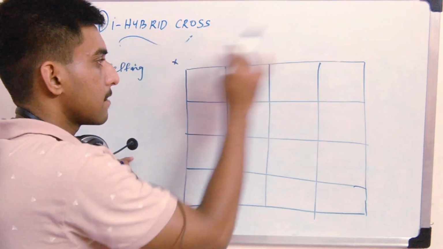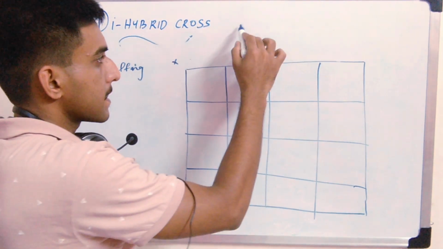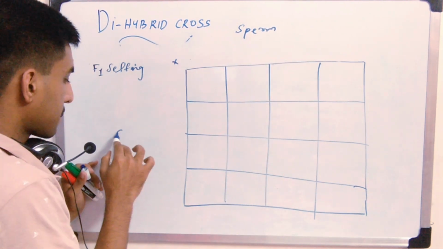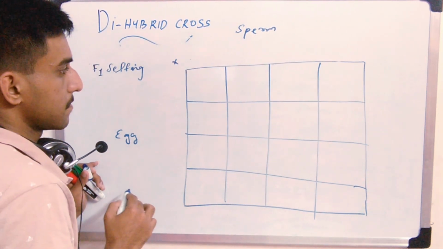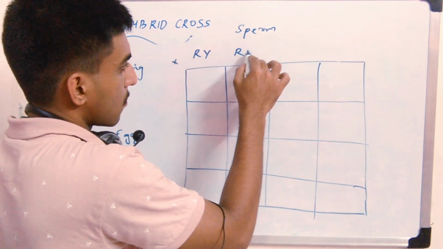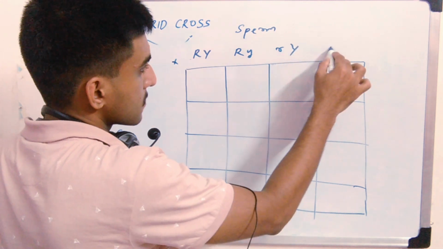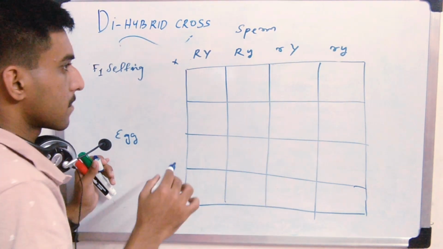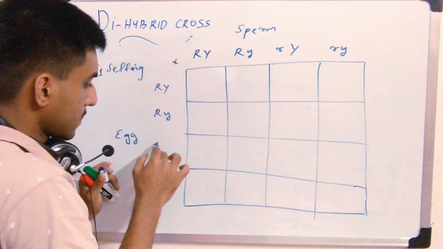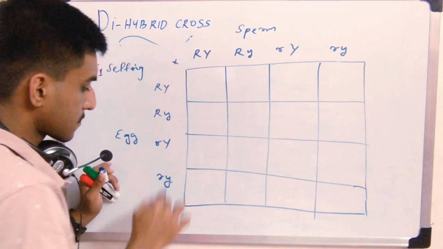Here I will be writing the parents. I am taking sperm, which means male. Here I am taking the egg, female. So capital R capital Y, capital R small y, small r capital Y, small r small y. Here also capital R capital Y, capital R small y, small r capital Y, and small r small y.